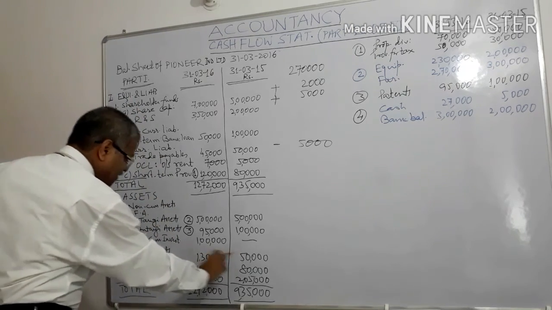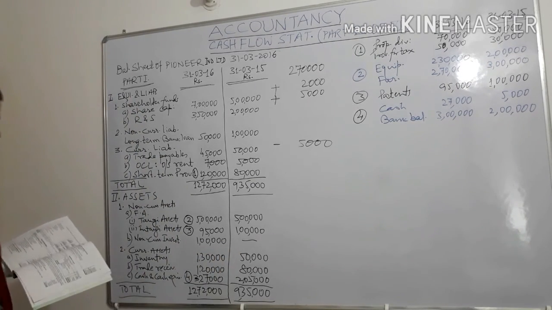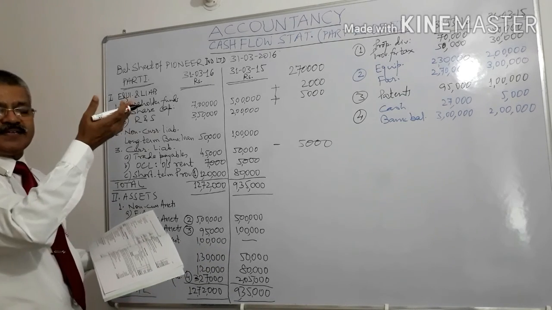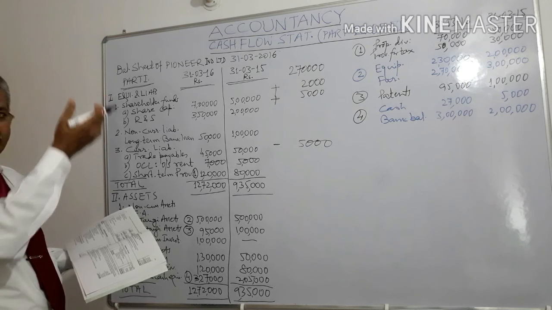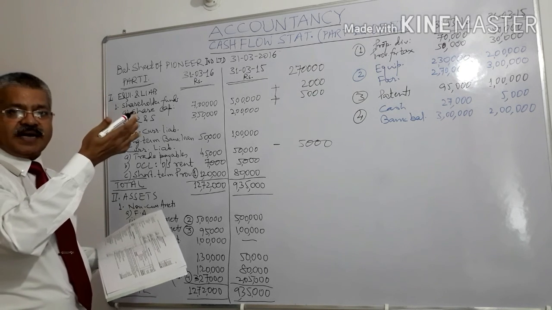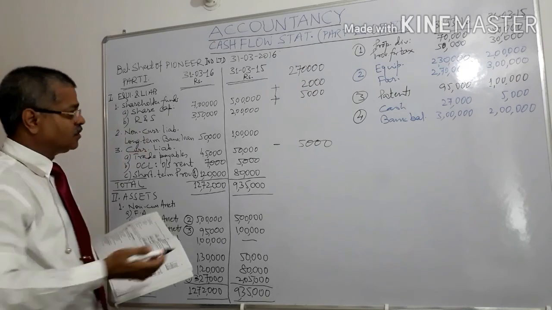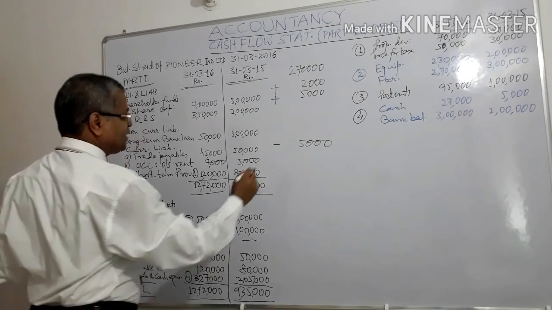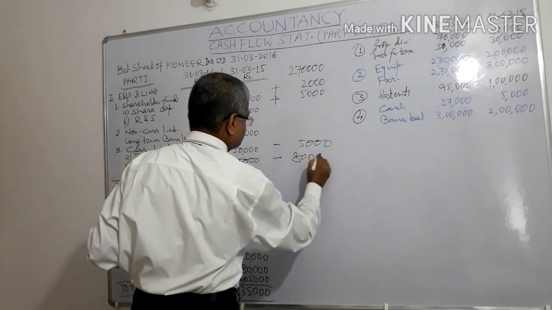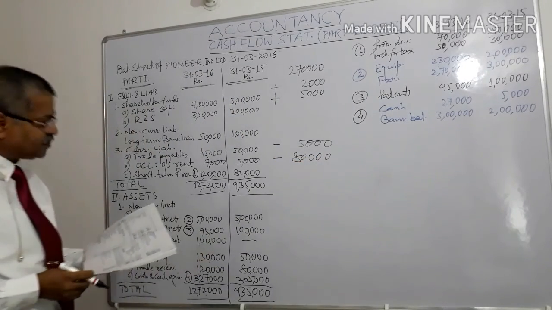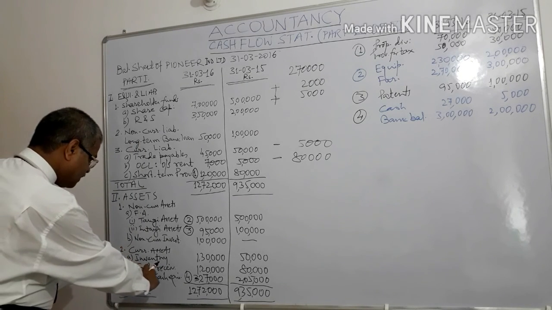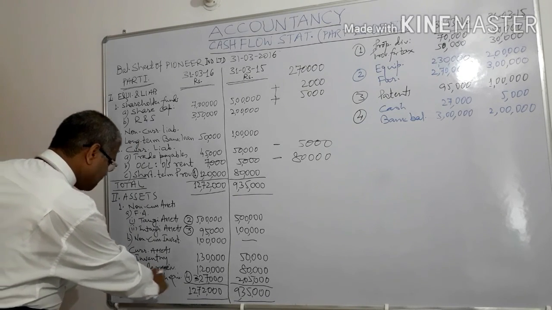Current assets, inventory has gone up by 80,000 rupees, from 50,000 to 80,000. So when current assets increase, cash flow decreases, because increase in current assets uses cash. So this 80,000 will come here, right? Next one is trade receivables.